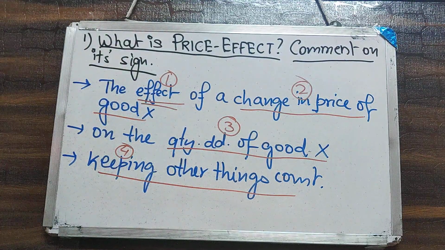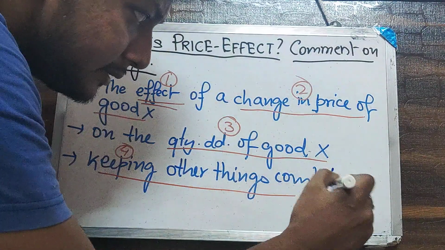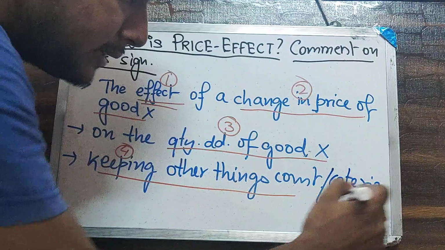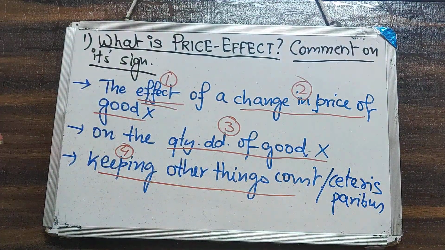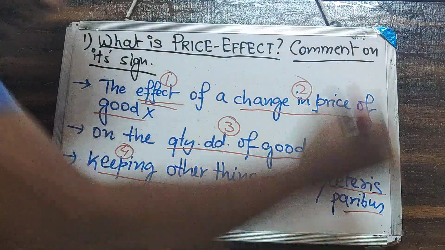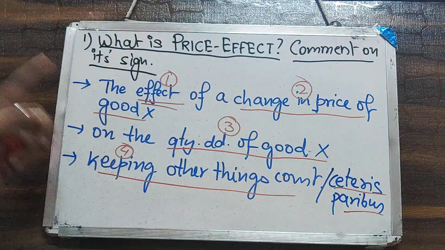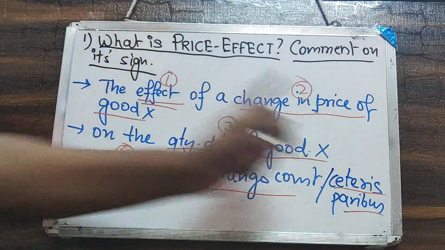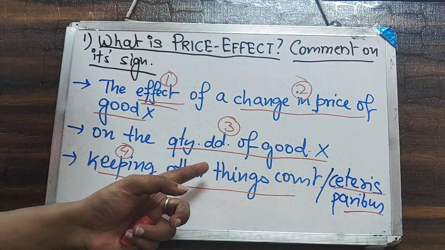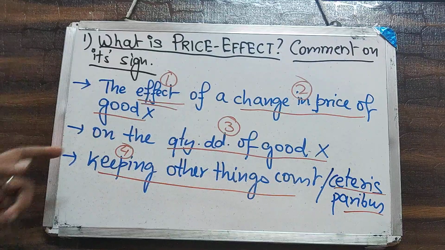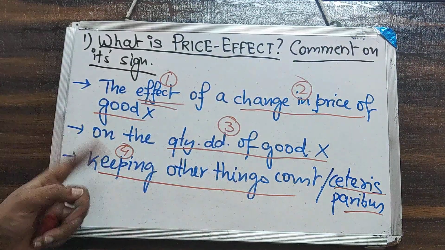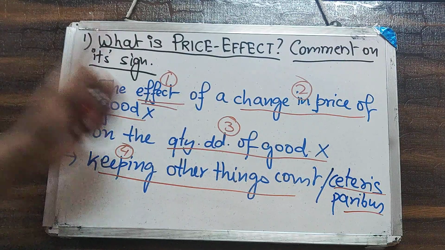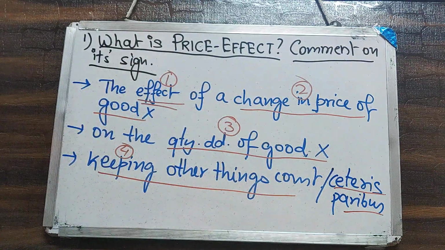Instead of writing keeping other things constant, you may also write ceteris paribus. So it is the effect of a change in the price of a good on the quantity demanded of that good, keeping all other things constant or satisfied. So all the key points have been marked here. You have to write all the key points to get full marks.